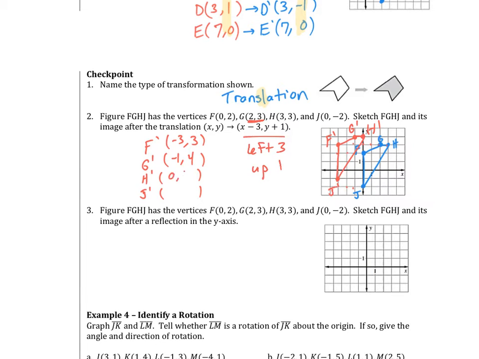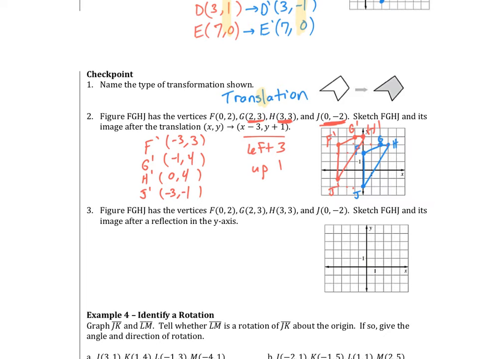H prime would be 0, 4 because for H, 3 minus 3 is 0, and 3 plus 1 is 4. And then J prime would be negative 3, negative 1 because 0 minus 3 is negative 3, and negative 2 plus 1 is negative 1. So you can do it on the graph, or you can do it algebraically with subtracting and adding.